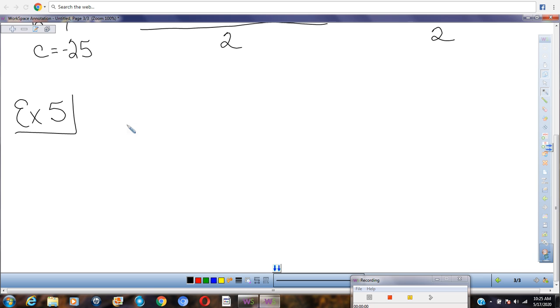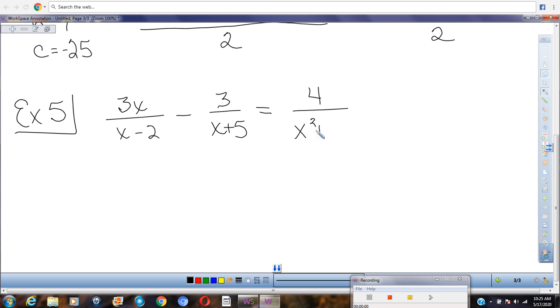In example 5, we have 3x over x minus 2 minus 3 over x plus 5 equals 4 over x squared plus 3x minus 10.